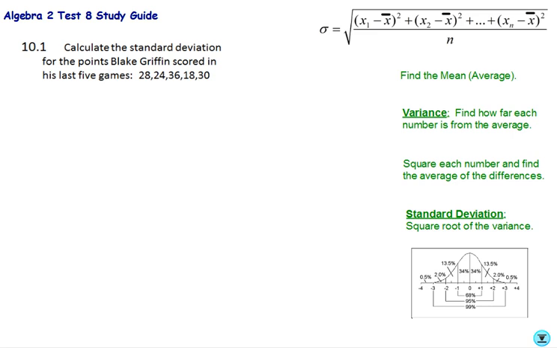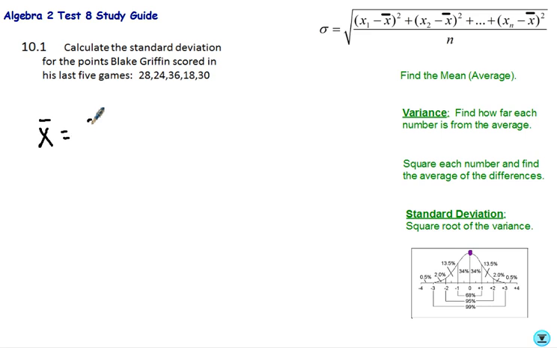Where this whole thing starts, first of all, you have to know what the average is, like you have to know what the middle is. Before you say how it spreads out to either side, you have to know what the middle is. The middle is represented by the mean, which is just another way of saying the average. So you know how to find the average. Again, we're abbreviating the average here with X bar instead of writing out the word.